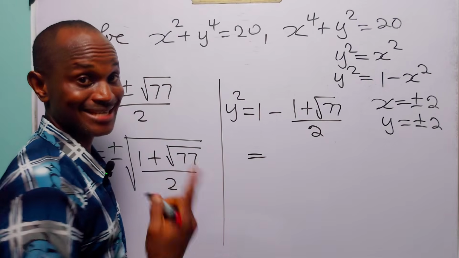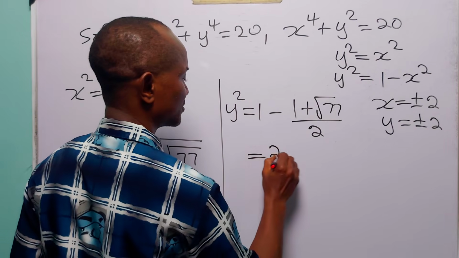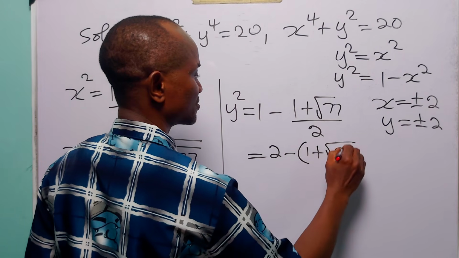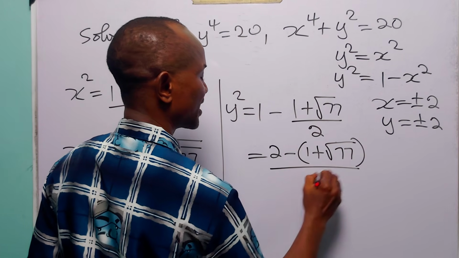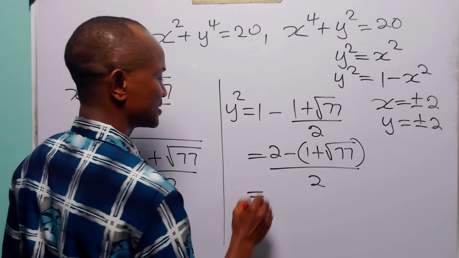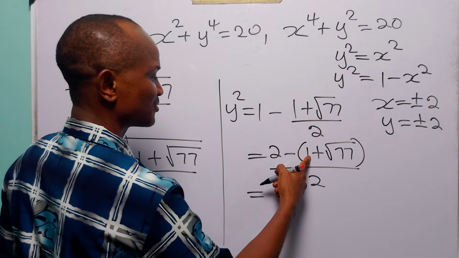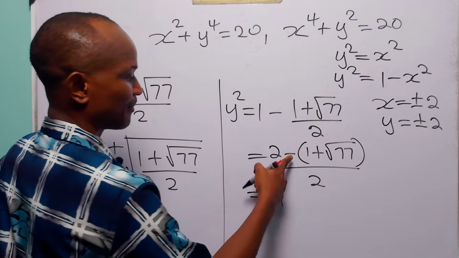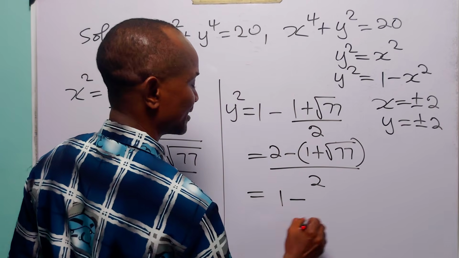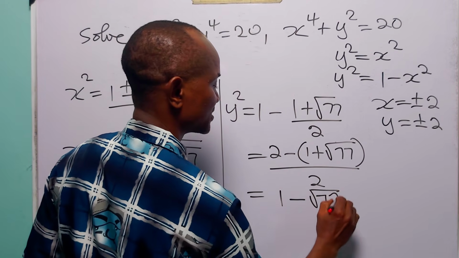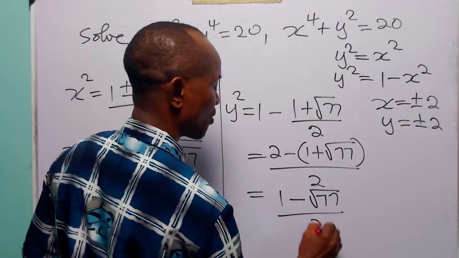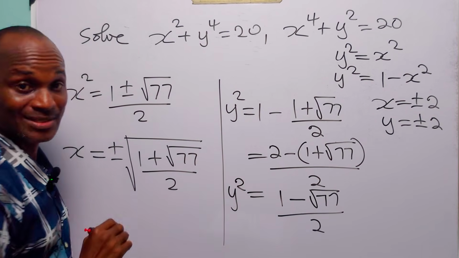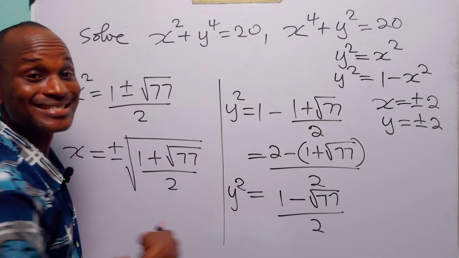2 times 1 is equal to 2. So here we have 2 minus 1 plus root 77 divided by 2. This is equal to, opening this bracket, we have 2 minus 1, which is 1. Minus plus is minus root 77 all over 2. This is y squared, and this is negative.